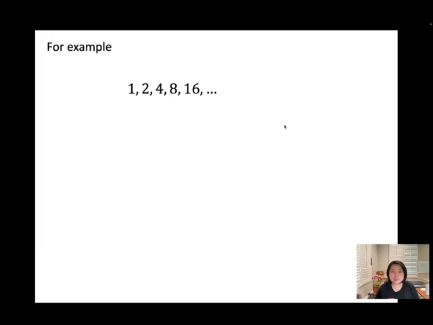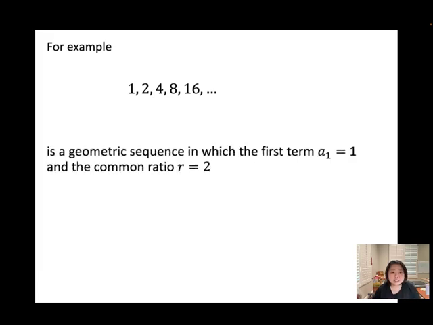Look at this example. We have 1, 2, 4, 8, and 16. This is the geometric sequence, in which the first term will be the a1. How can we find the common ratio? We're going to use the second term divided by the first term. So 2 divided by 1, we're going to get the 2.